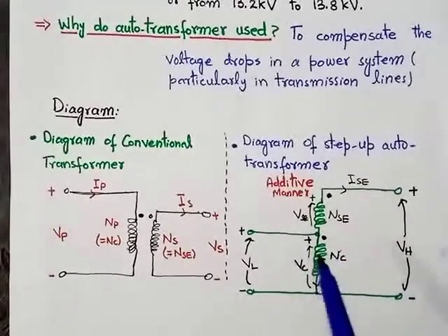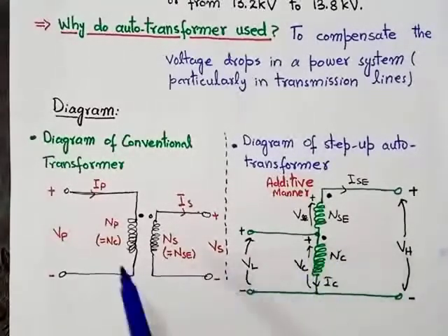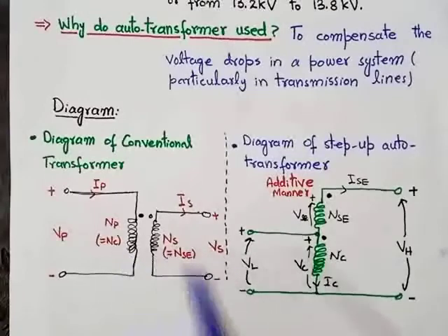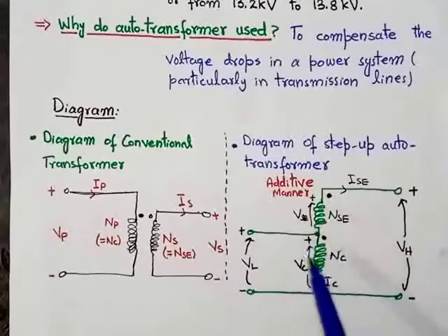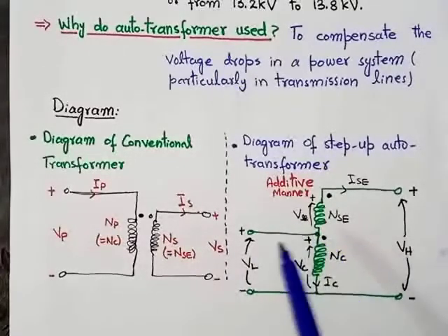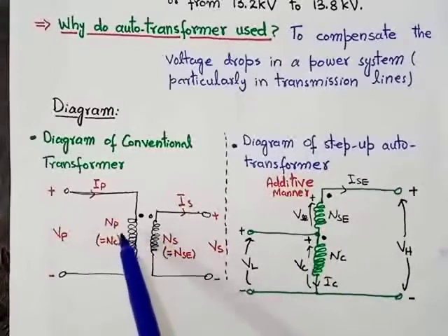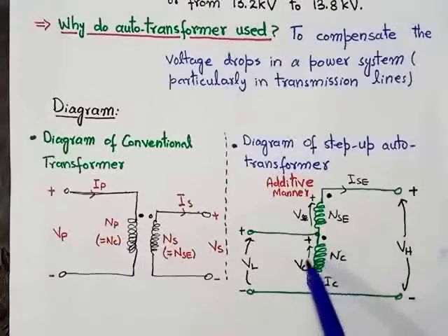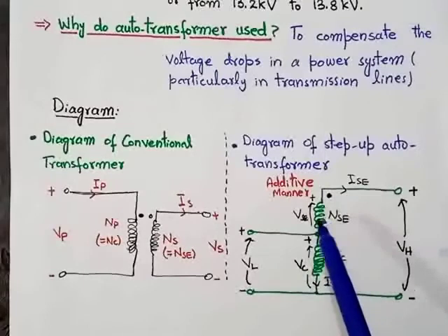In the case of an autotransformer, we connect the secondary winding in series with the primary winding. As you can see in this diagram, this is the primary winding and this is the secondary winding.